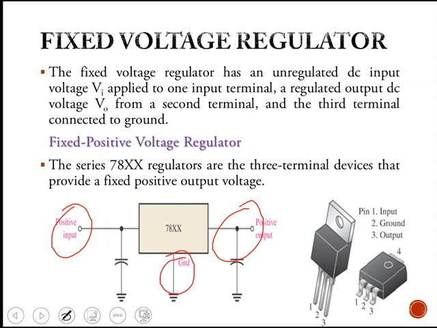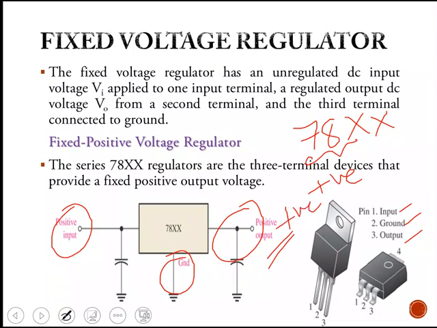So we have pin number 1 as input, pin number 2 as ground, and pin number 3 as the output terminal. The 78XX series indicates it is a positive output voltage. That means the output voltage obtained is positive, and XX indicates the value of the output voltage which we are going to get.